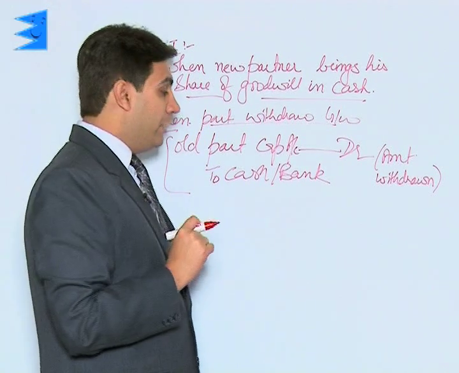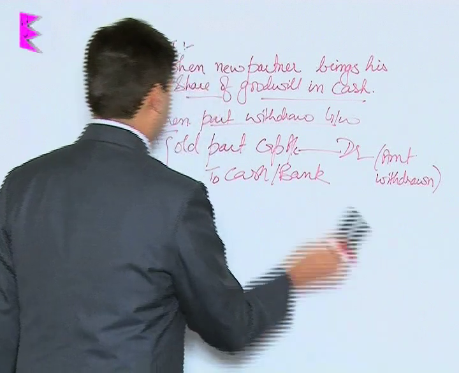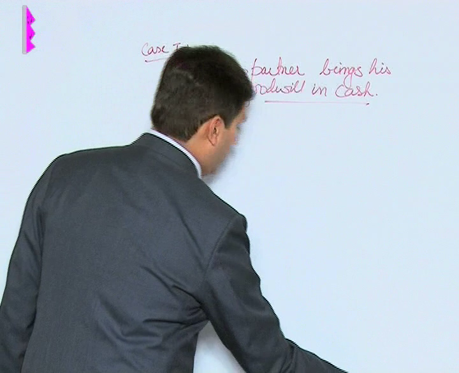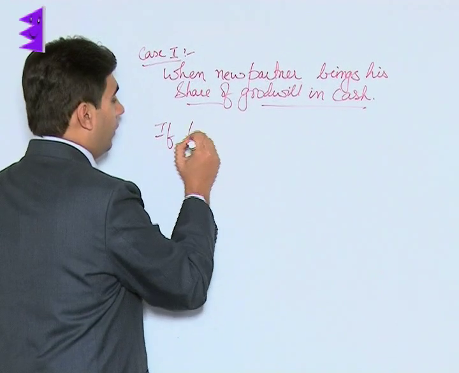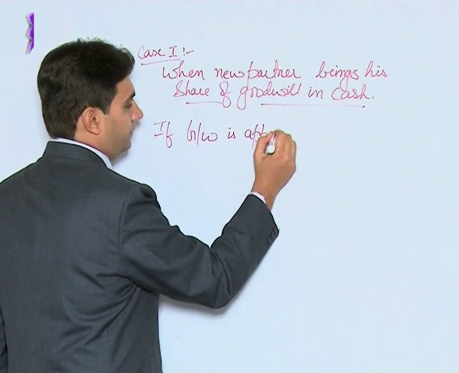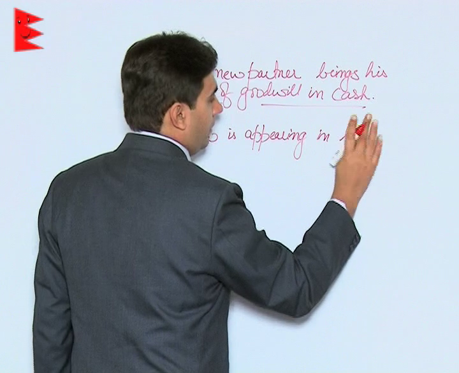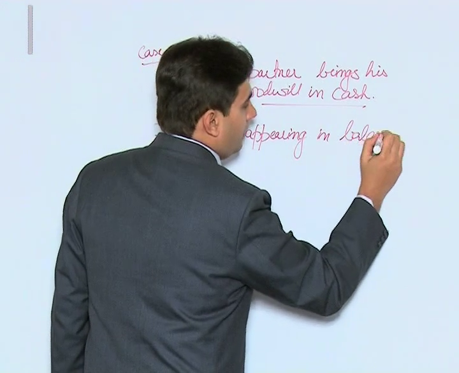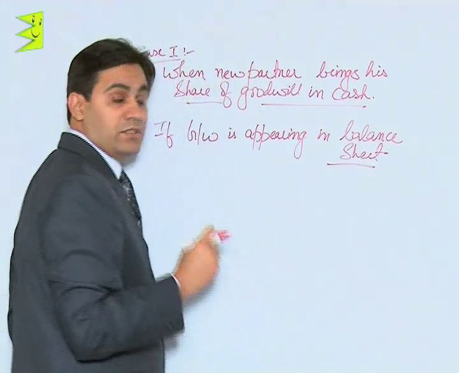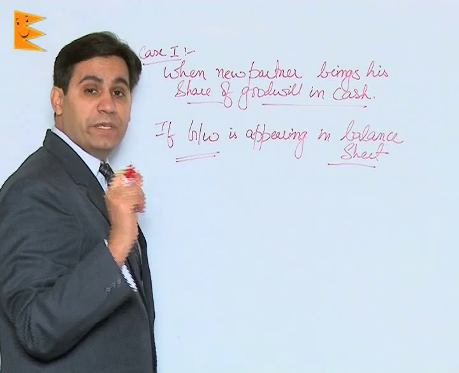Also, while you are attempting this question, you must always take care of one thing, that is, in case goodwill already appears in the balance sheet, then as per Accounting Standard 10 that we had discussed just now, this amount of goodwill should always be written off.